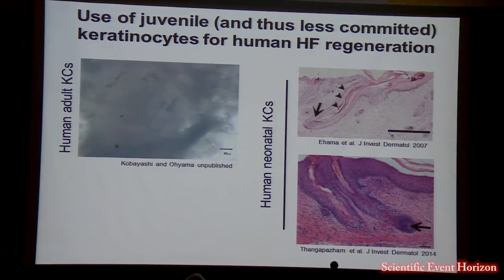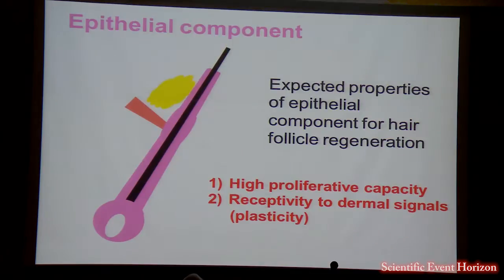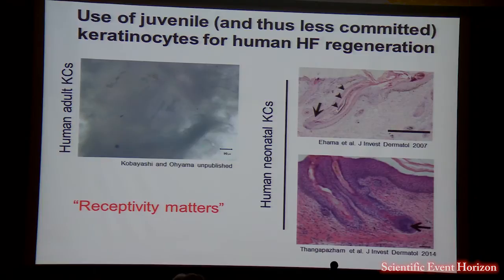But other investigators have reported that this reconstitution capacity can be enhanced if you combine epithelial components derived from neonatal mice, neonatal human, or fetal human keratinocytes, suggesting that more juvenile or innate epithelial components are receptive to the dermal signal. So receptivity really matters in hair follicle bioengineering.